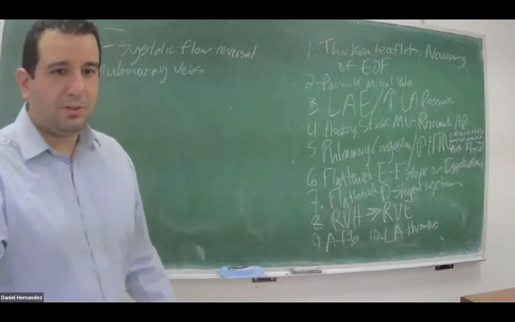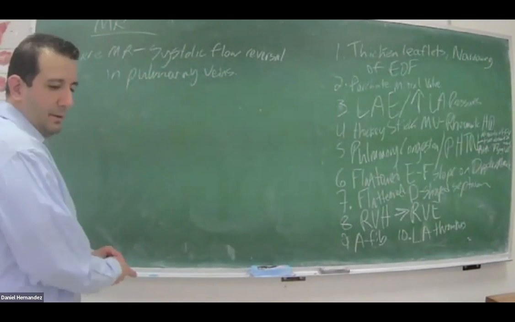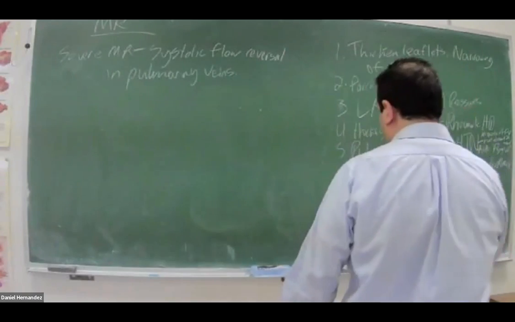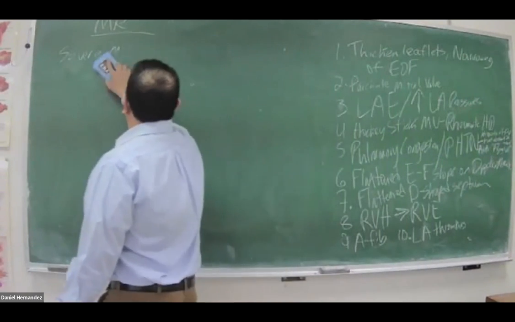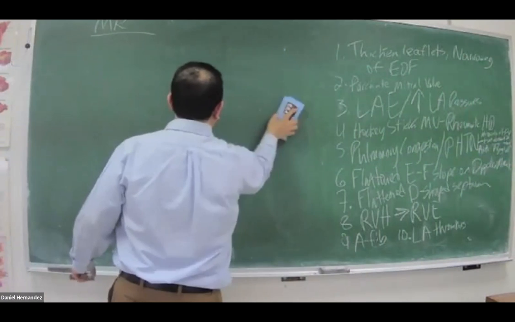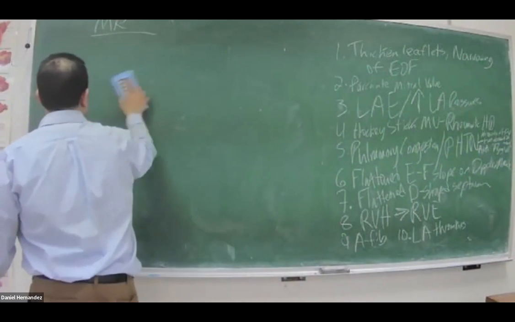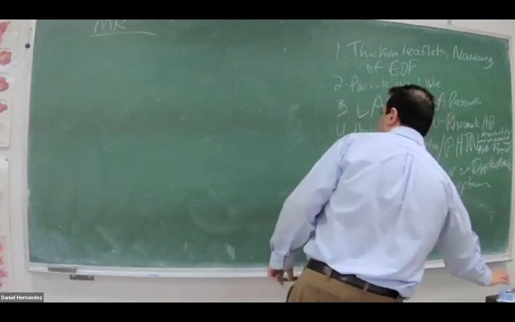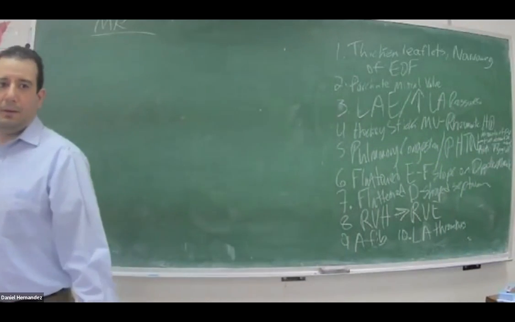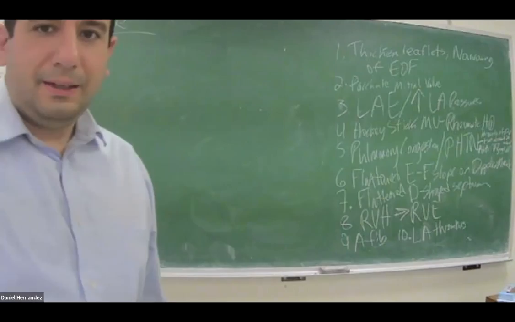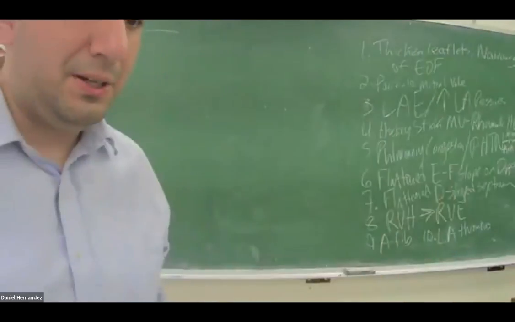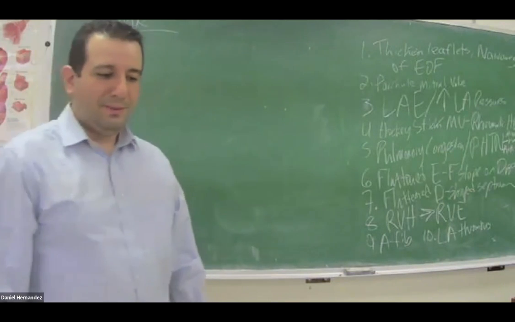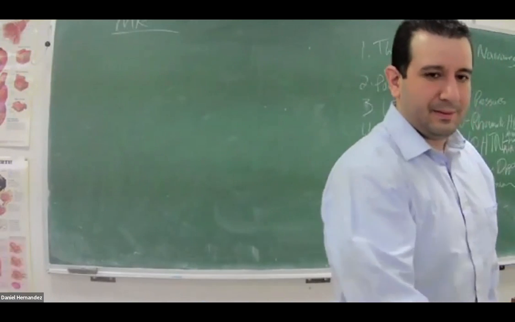So some things that could potentially cause mitral regurg. It's important to know what some of these causes could be. Can anyone think of one? What are some conditions that could potentially cause mitral regurg? Rheumatic heart disease. Sure, yeah.